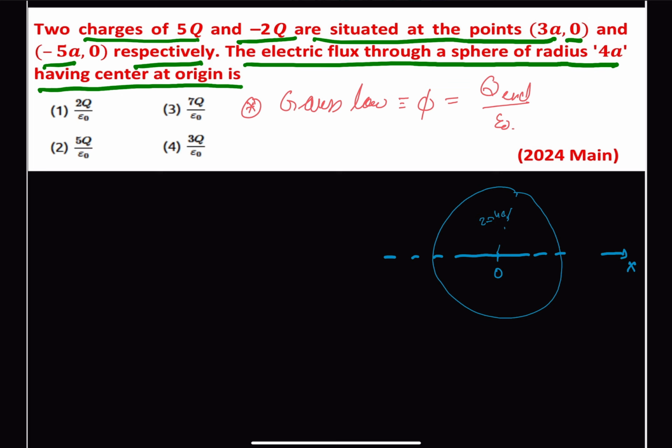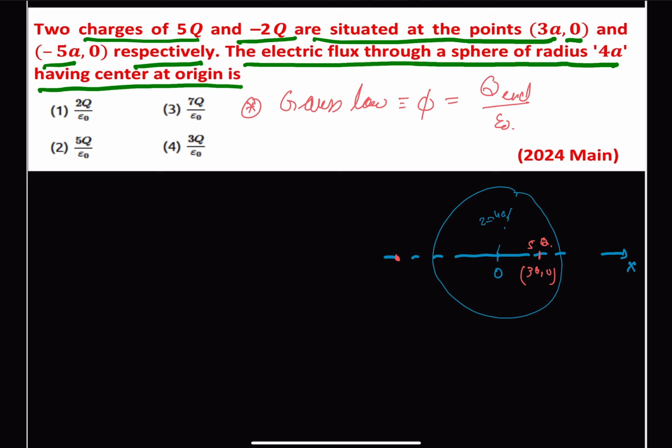So we are given 2 points, one point is 3a, 0, so that will be somewhere here, and the charge here is our 5q. The other point is minus 5a, 0, so this is somewhere here.